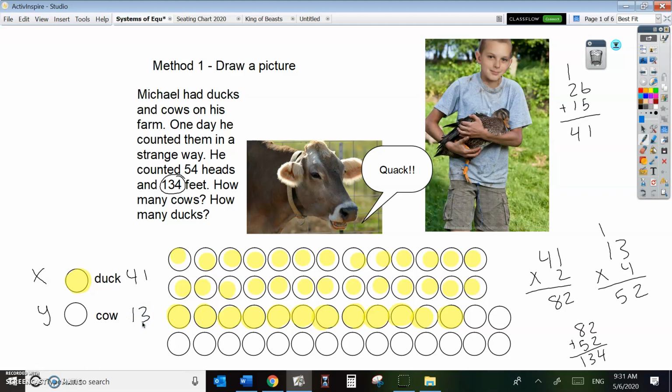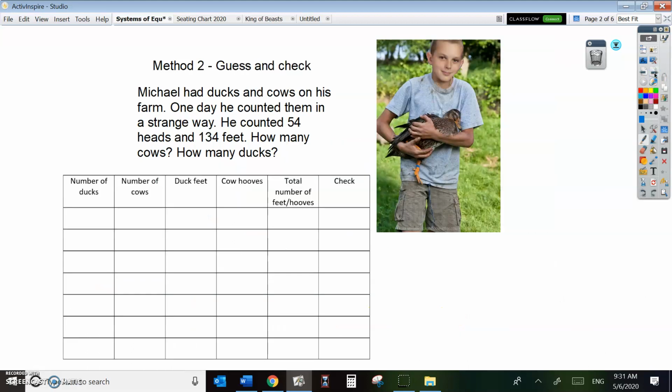As you can see, this picture is about the same as this guess and check method. So we could say that there's 30 ducks, and then that would equal 24 cows. The duck feet would be 60. 24 times 4 is 96. 96 plus 60, that's 156.